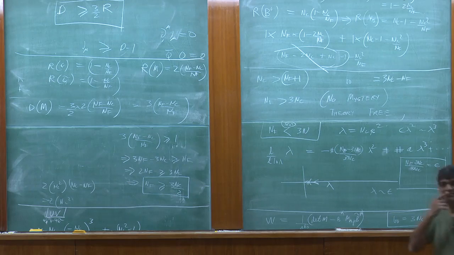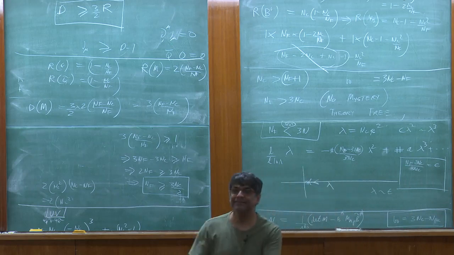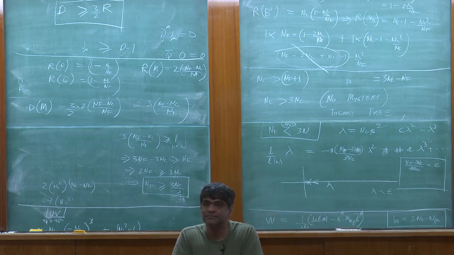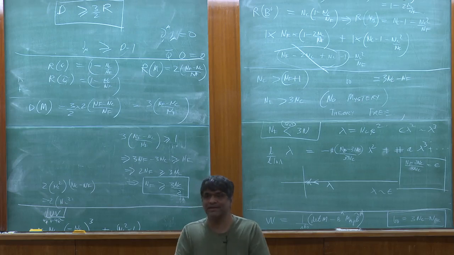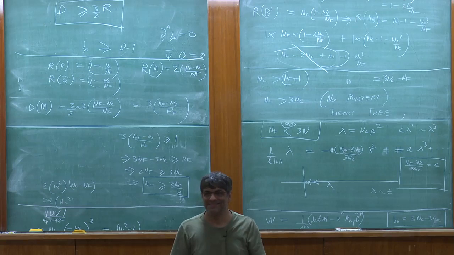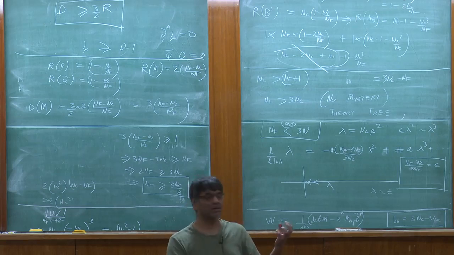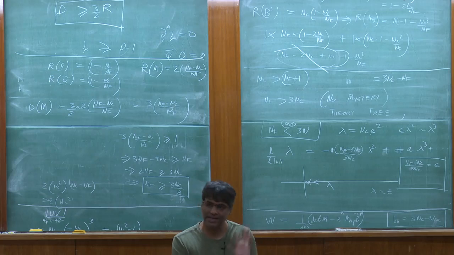The dimension of the charge becomes half when it reaches 3NC/2. Dimension of what? Of the charge, Q. Oh, Q. But Q is not a good operator in the theory. Q is part of our description of the theory. There is no gauge invariant correlation function that allows us to measure the dimension of Q. And that formula, D greater than or equal to 1, only applies to proper operators, so gauge invariant operators.